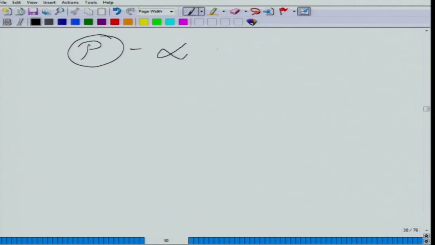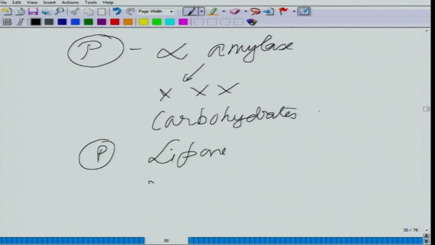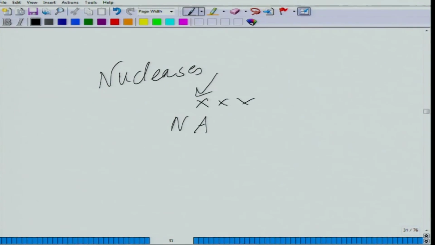Alpha amylase, basically breaking down the carbohydrates. Then you have pancreatic lipase, which is essentially breaking down the lipids. Then you have nucleases, which is essentially breaking down the nucleic acid.